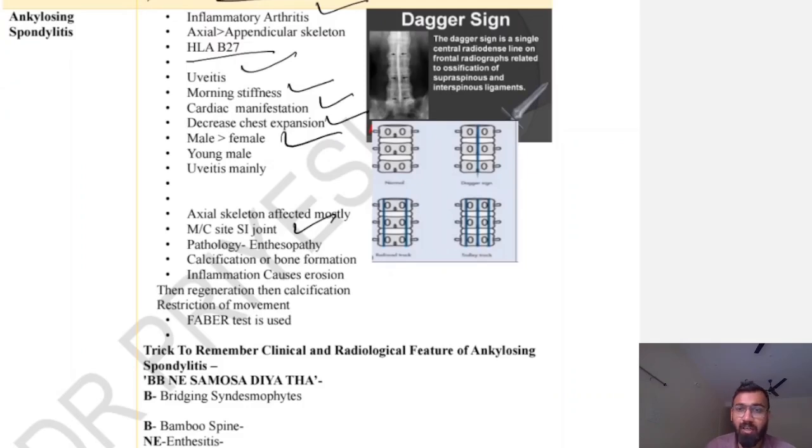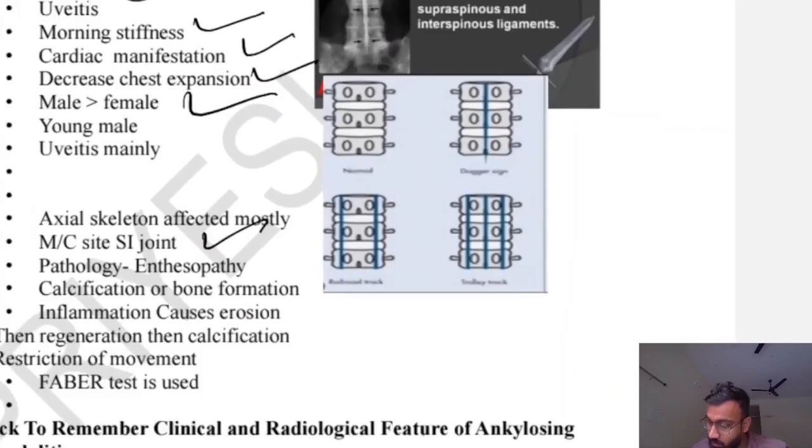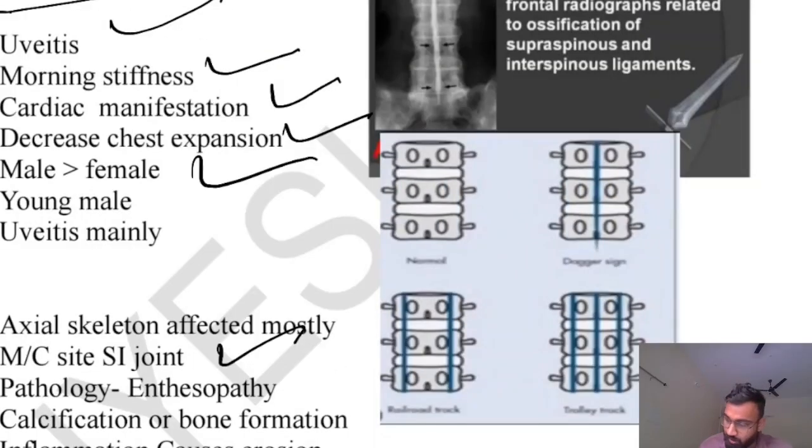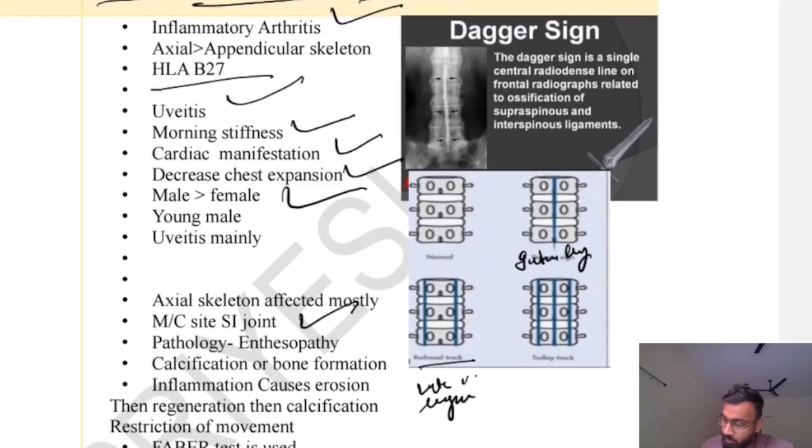A 30 to 35-year-old patient came with chronic back pain and pain at the SI joint. So you will see there are so many. So dagger sign is ossification of the interspinous ligament, and railroad track sign is ossification of the interapophyseal ligament, and the combination of both is trolley track sign.